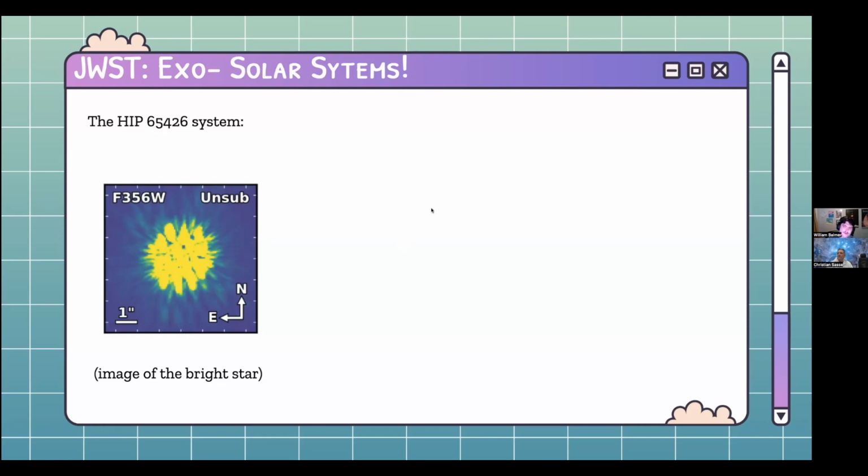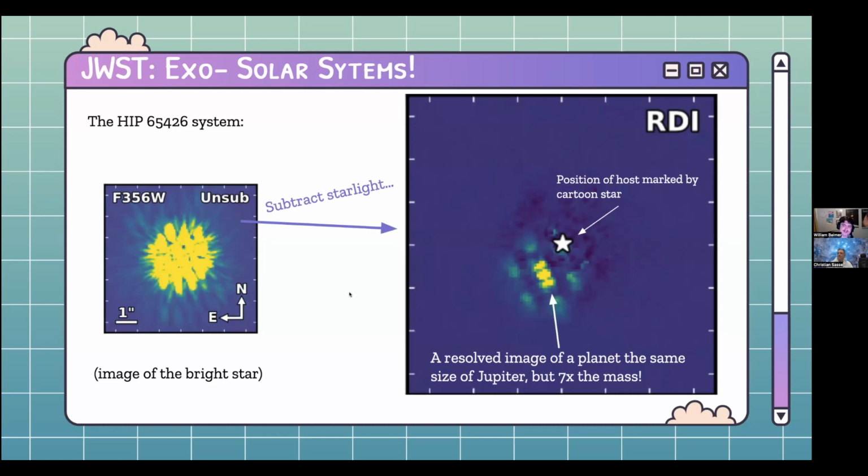And if you throw the coronagraph in and you do that post-processing that I was telling you about, this is what you see, which is a resolved image of a planet about the same size as Jupiter, but around 7 times heavier. So this was a result that was published this past September.